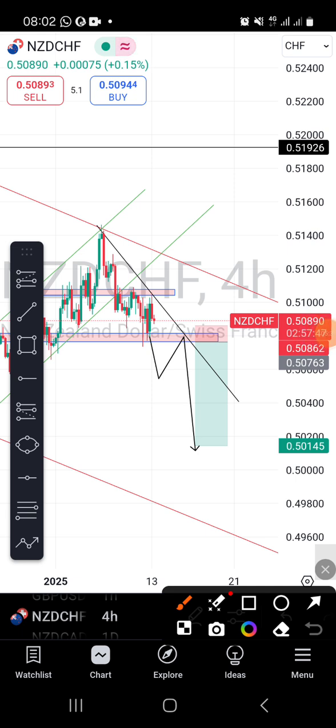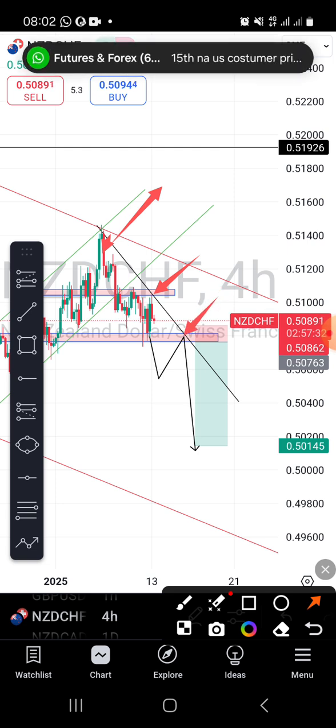Here is the first point, the second point, and the possible third point. I believe that is clear enough.